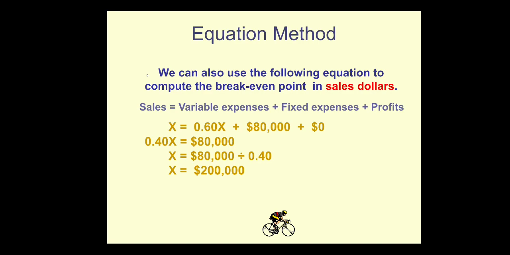Okay, this is the calculation of break-even point in terms of quantity and dollar using the equation method. To use this method, you have to memorize the formula. The basic formula is total revenue equal to total cost. Total cost is the total variable cost plus total fixed cost.